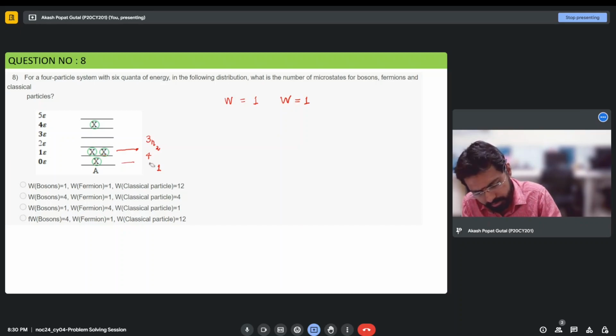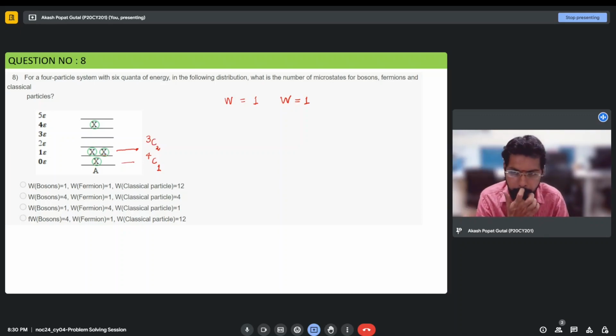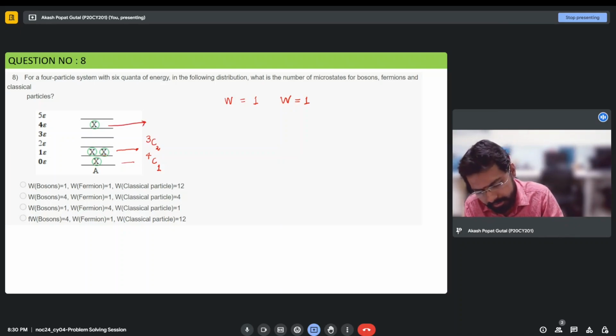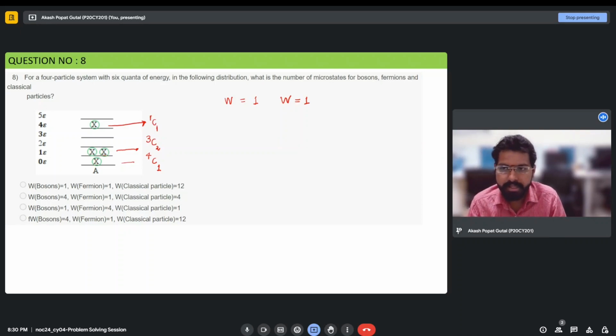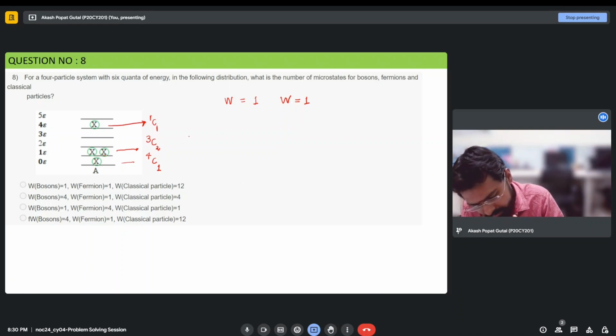Sorry, it should be C. So the combination 4C1 and then the combination 3C2, and this is a combination problem. At the end, we will have only one particle left to distribute in the only one energy level. That's 1C1. And the total number of combinations is nothing but their multiplication: 4C1 cross 3C2 cross 1C1.